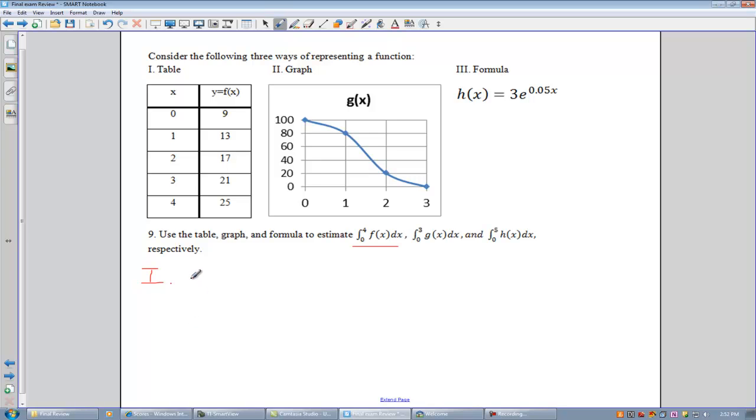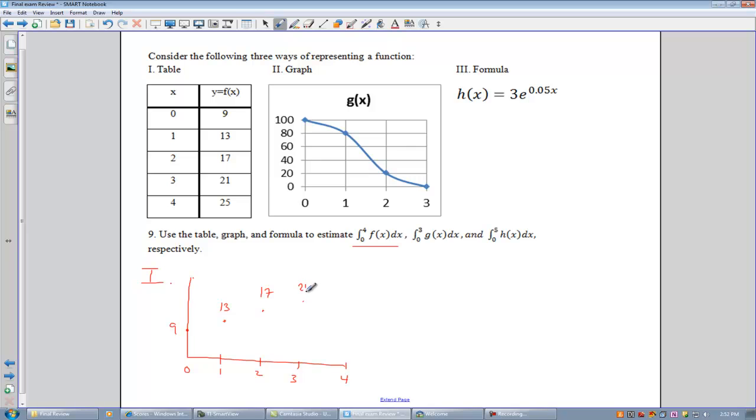So the way this works is we can graph it. So let's graph this. I have 0, 1, 2, 3, and 4. Above 0, I'm at 9. At 1, I'm at 13. Over at 2, I'm at 17. At 3, I'm at 21.